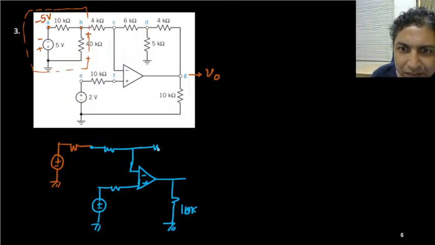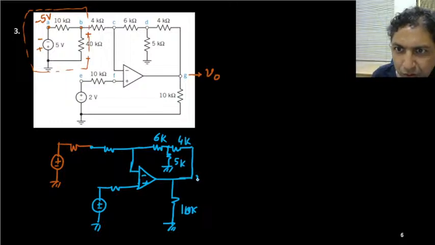And this is your 6K, another is 4K, and here you have one more, it is 5K. Then these two ends are connected. Here we need to find V0. So this is also 4K.